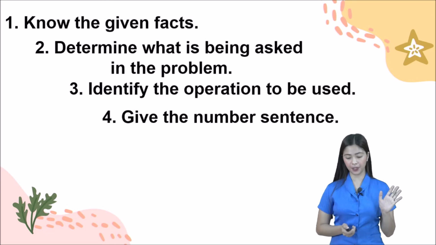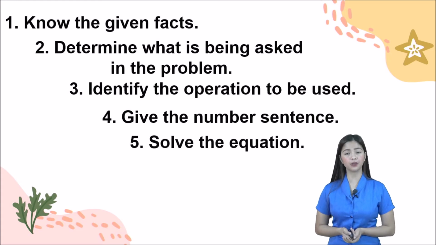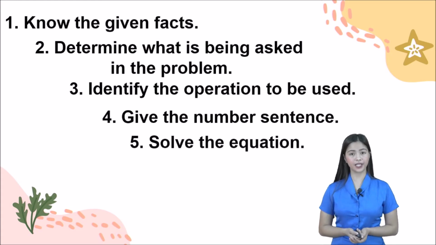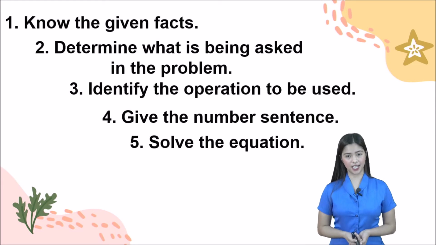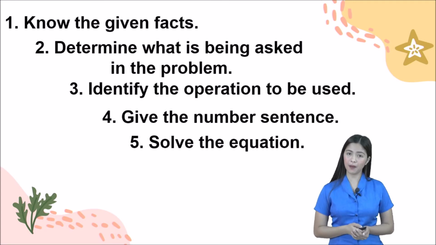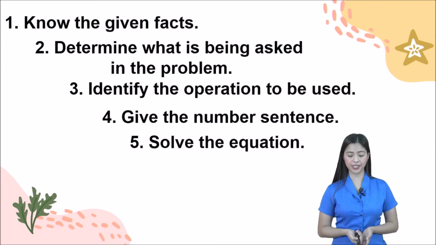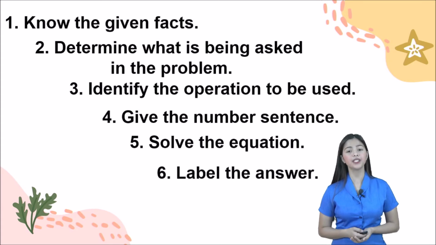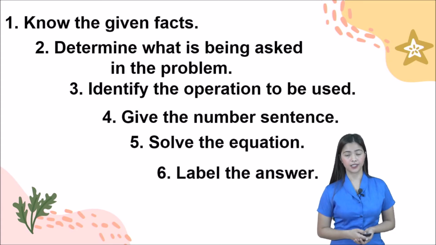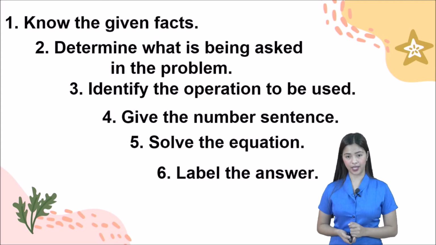And for our step number 5, after giving the number sentence, we need to solve the equation for you to be able to get the answer. And always remember to show your solution, okay? Number 6, after getting the answer, we need to label the answer. Just like what I've told you a while ago, you need to write your answer in a complete sentence, okay?